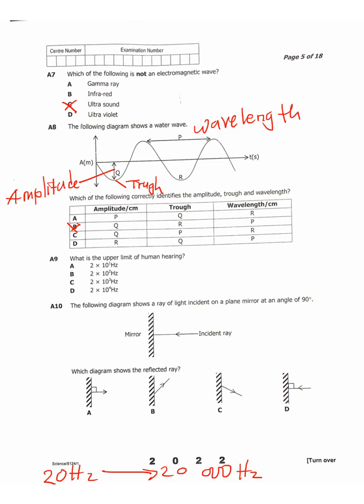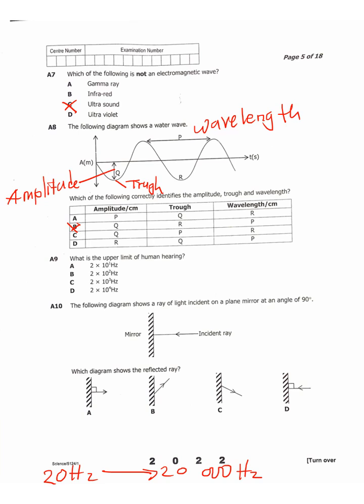So let's look at the first one, 10 raised to the power 1, is 10 times 2, that is 20. 10 raised to the power 2 is 100 times 2, that is 200. No. Then C, 10 raised to the power 3 is 10 times 10 times 10, which is 1000, times 2, which is 2000.